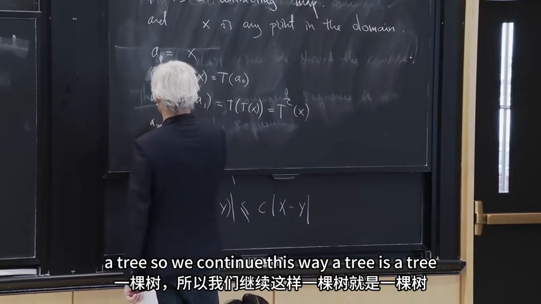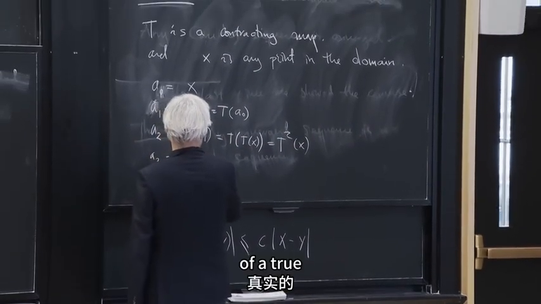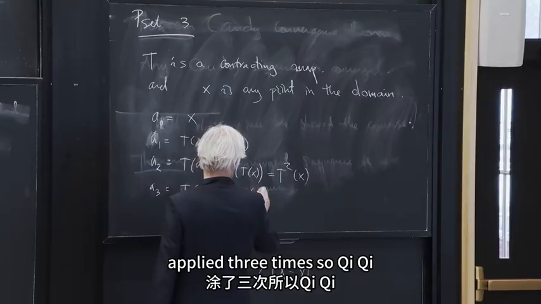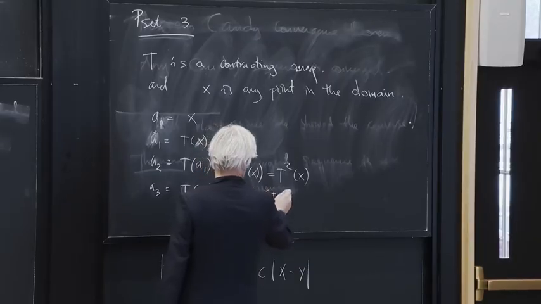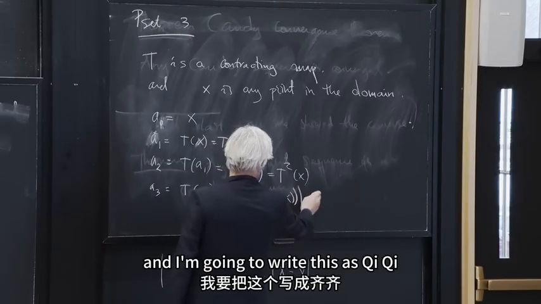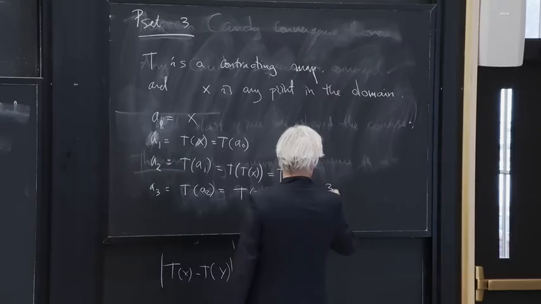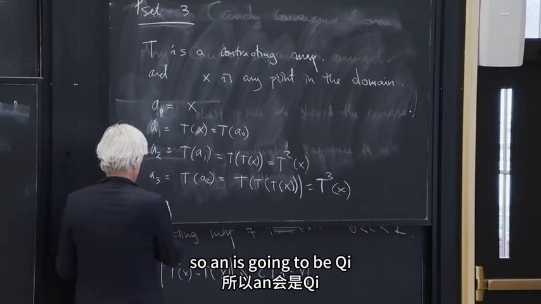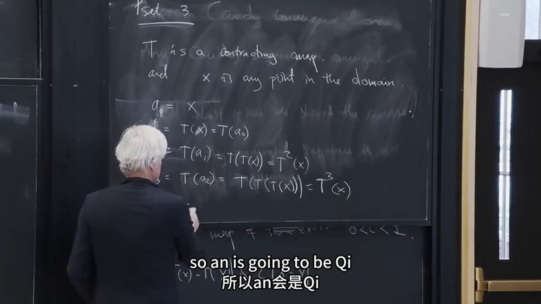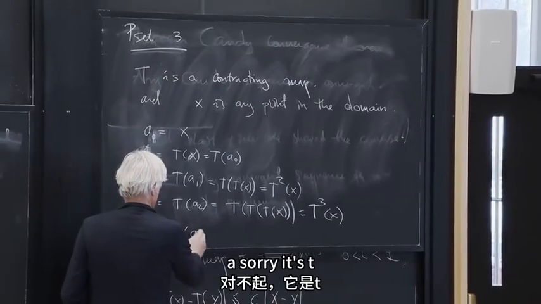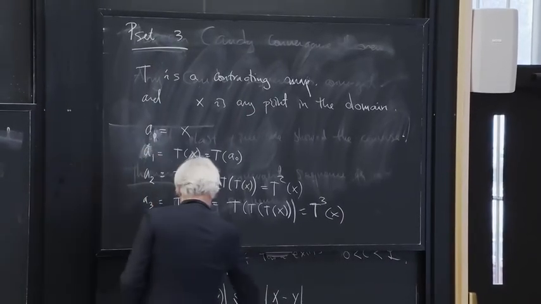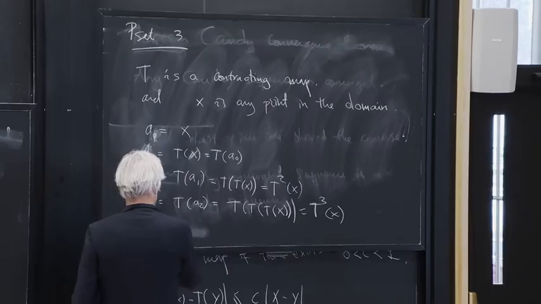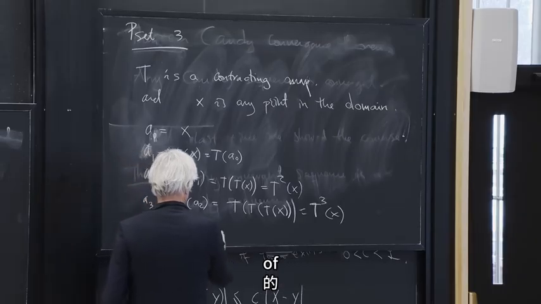A3, so we continue this way, A3 is T of A2, so that is T applied 3 times to x, and I'm going to write this as T cubed of x, and so on. So a_(n+1) is going to be T of a_n.